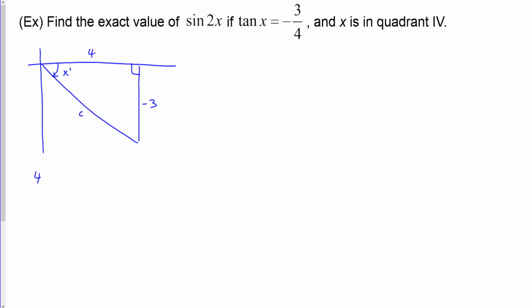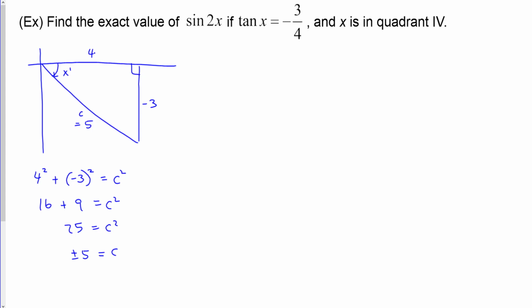All right, so 4 squared plus negative 3 squared is equal to C squared. So 16 plus 9 is C squared. So 25 is C squared, or C is going to be plus or minus 5, but what we can count on in trig is the length of the hypotenuse always being positive. So positive 5.